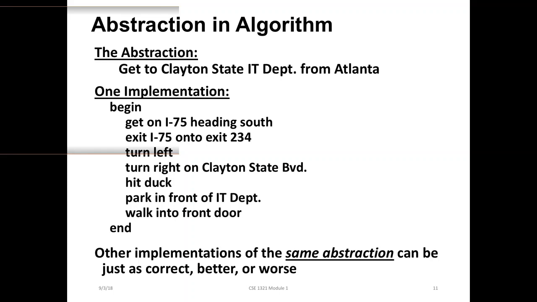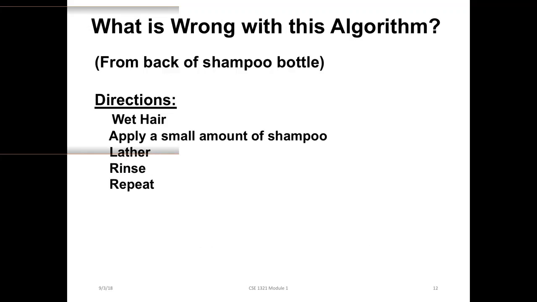People in computer science always do research in order to make algorithms better and better. So when you write an algorithm, don't hesitate and don't worry about whether it is perfect or the best algorithm.